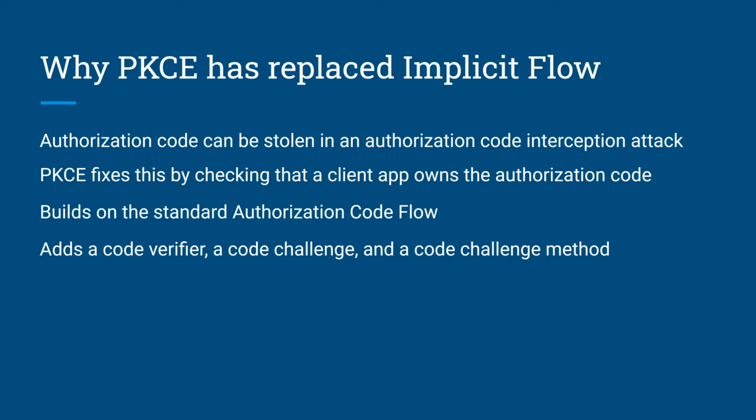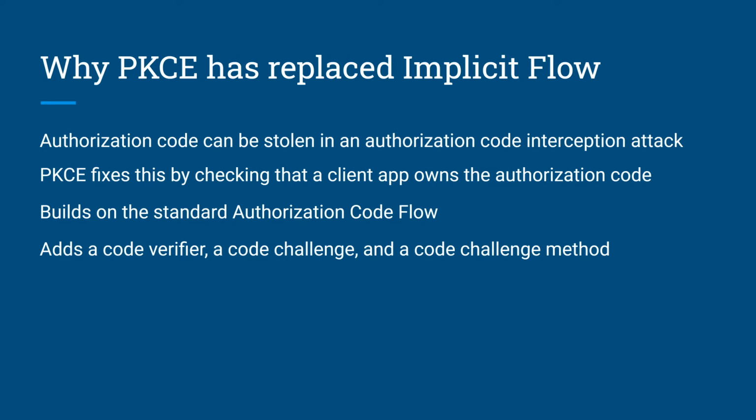And again, remember, the only main difference between PKCE and the implicit flow is adding that SHA code verifier, some kind of code challenge, and then the method that you want to use to make the code challenge.